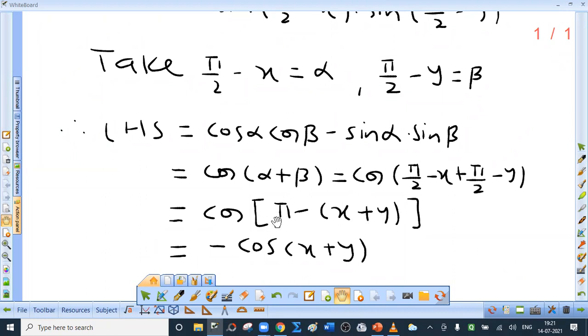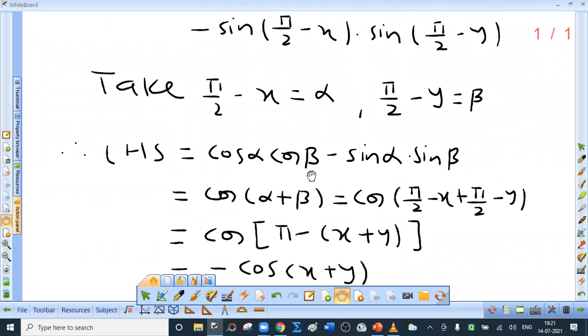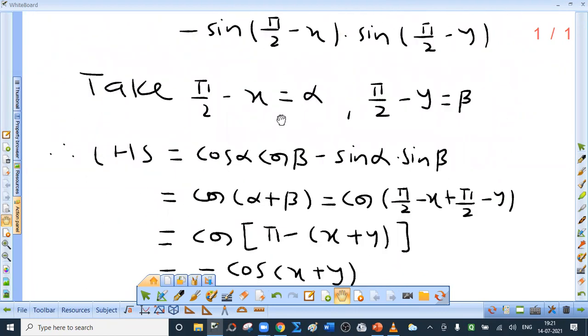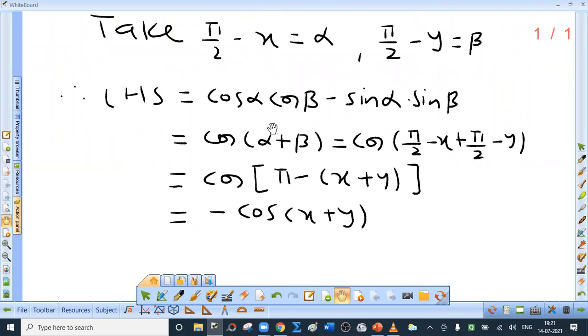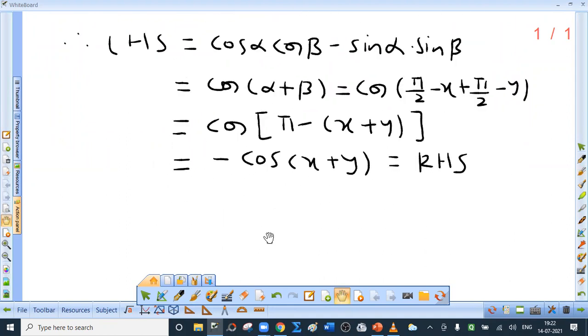But you have to remember that cos of 180 minus theta is minus cos theta. Okay, so this is nothing but the right hand side. Have I said LHS? Yes. So I must say this is the right hand side. Write down.